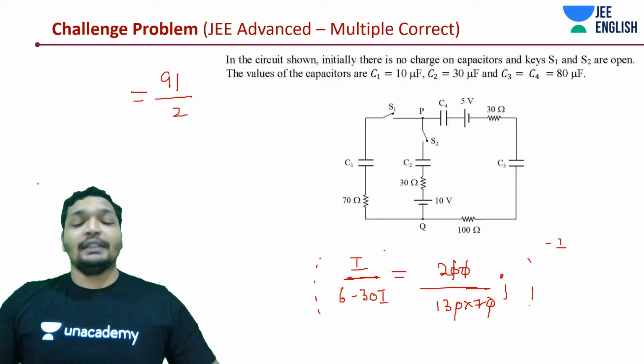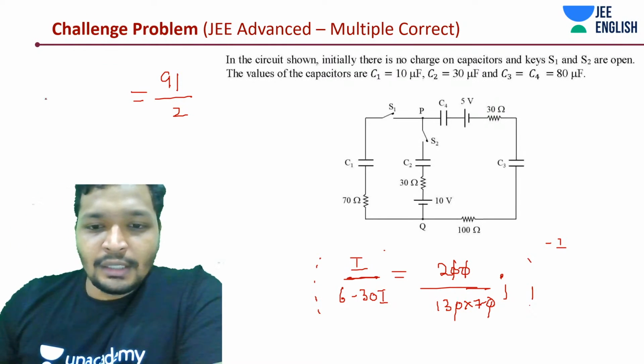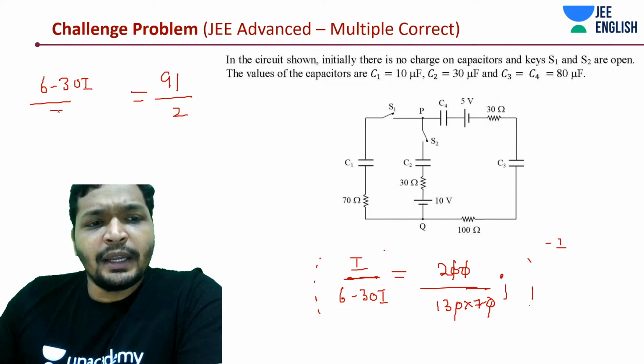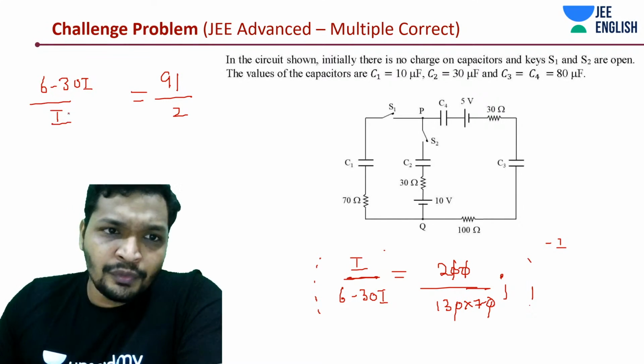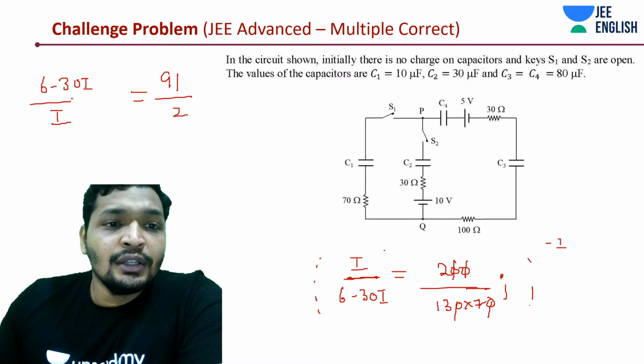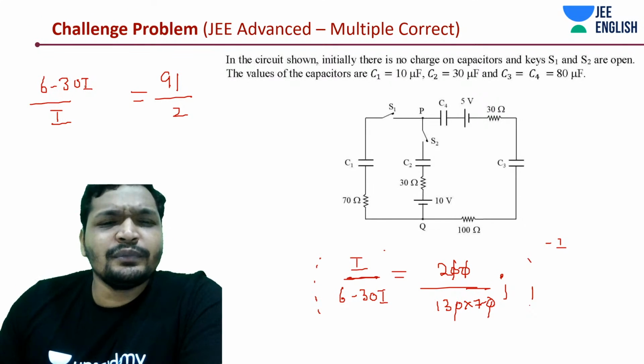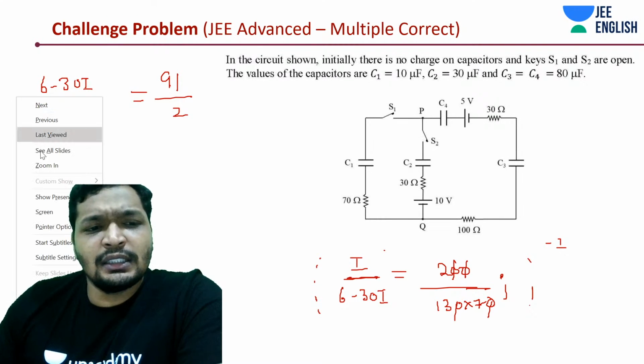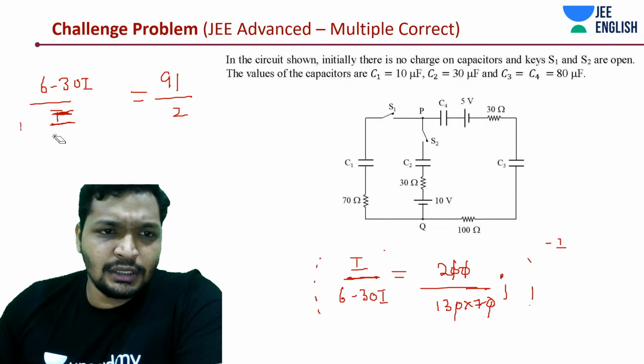Let's go for it. That's going to be 60 minus 30i divided by I. Now we will get again something like, of course, there should be a shortcut to this. That's the reason we have these kinds of questions.